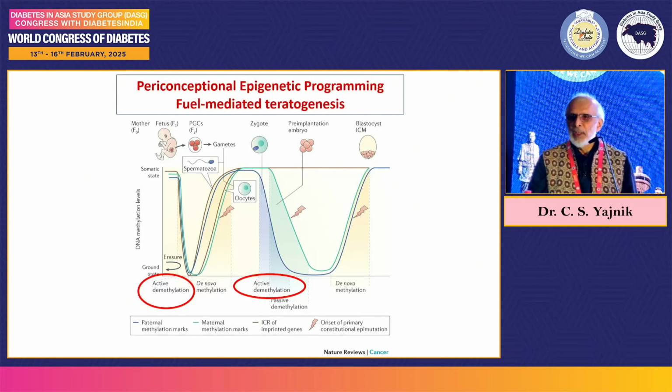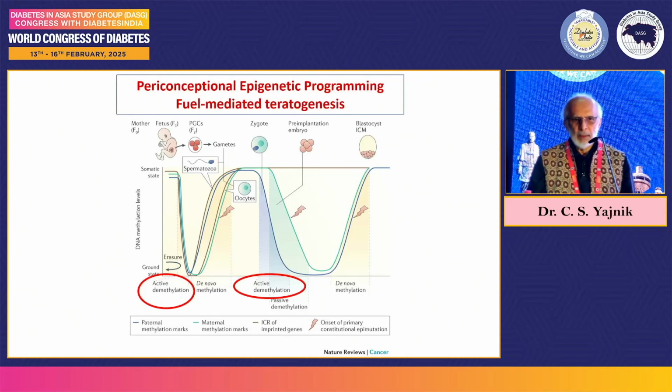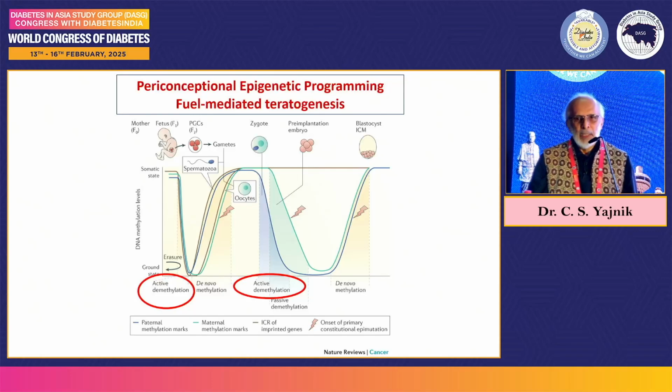What actually determines the re-establishment of DNA methylation markers? It's the intrauterine environment. That includes mother's glucose, mother's lipids, mother's micronutrient status, mother's stress, the atmospheric pollutants which might get in there.